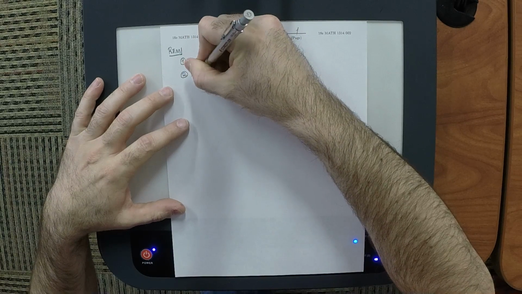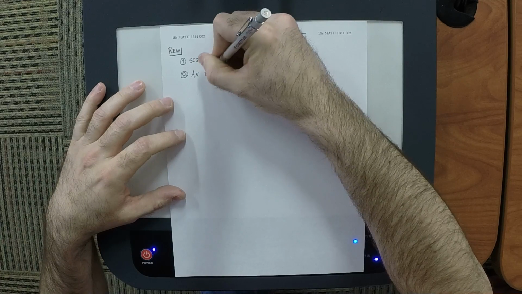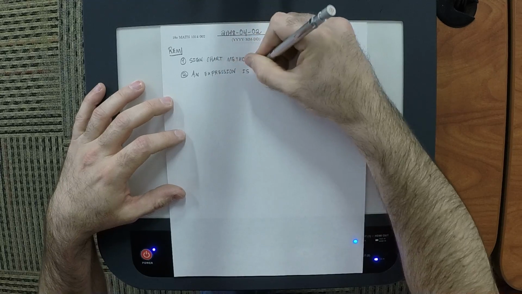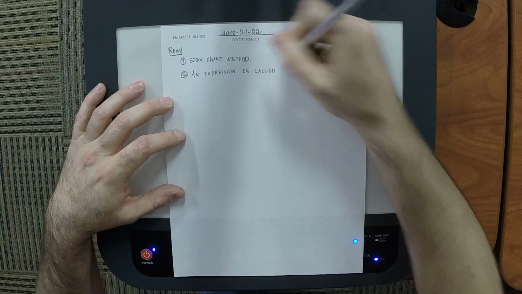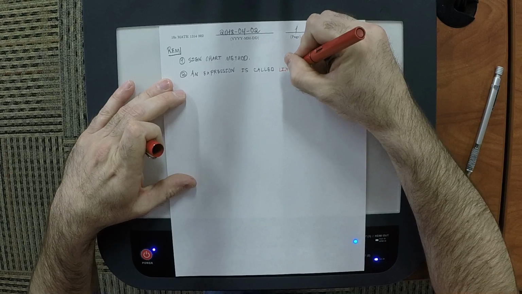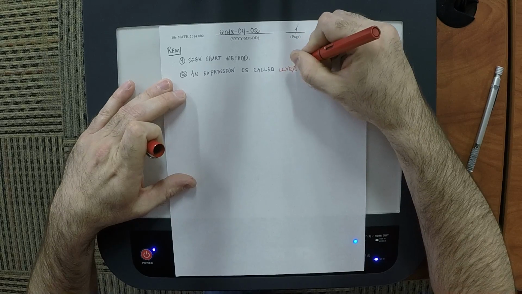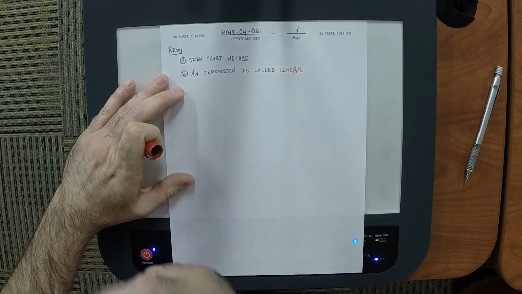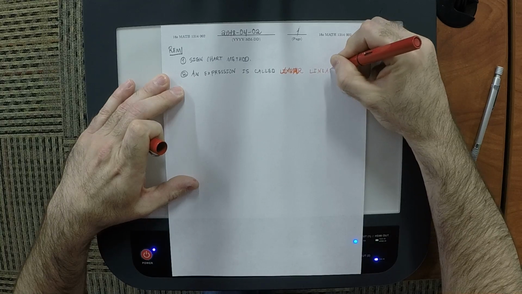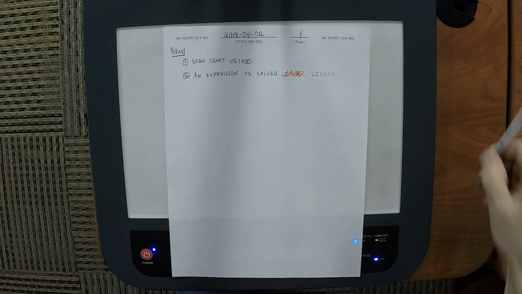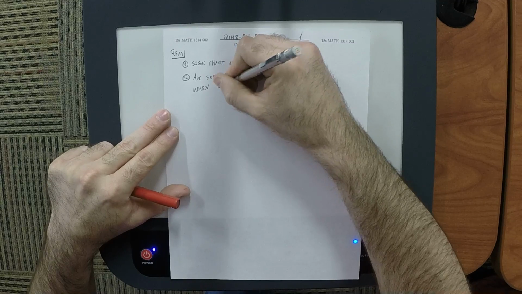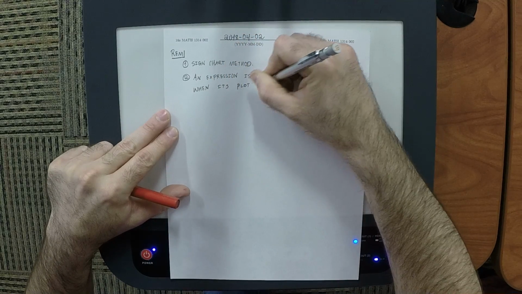an expression is called linear. Well, let me just try that again. Linear when its plot is a line.